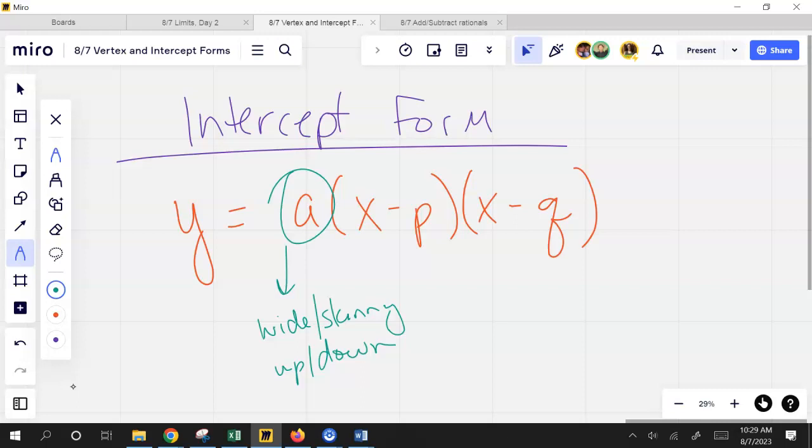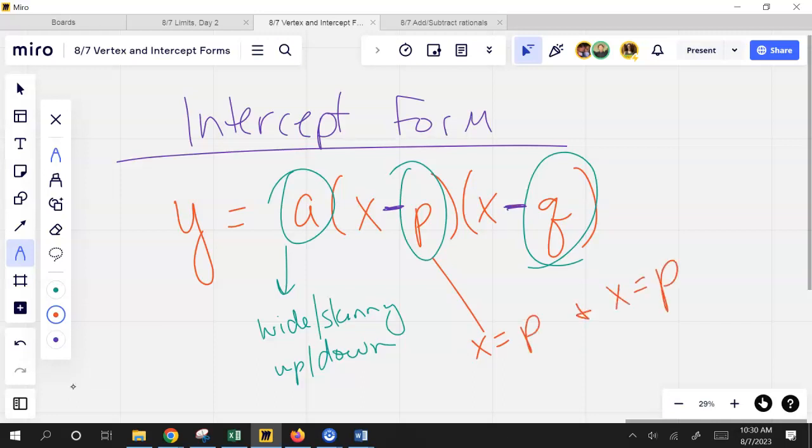Now, this time it gives us the x-intercepts. And so these 2 are my 2 x-intercepts. But again, notice these minus signs here? Just like in vertex form, I need to make them opposite signs.